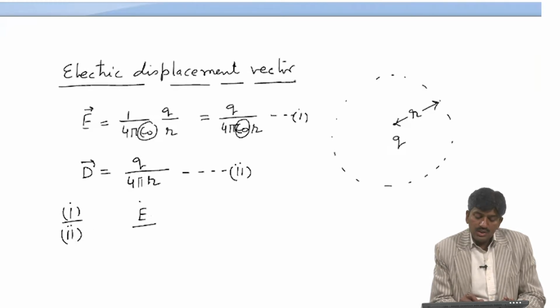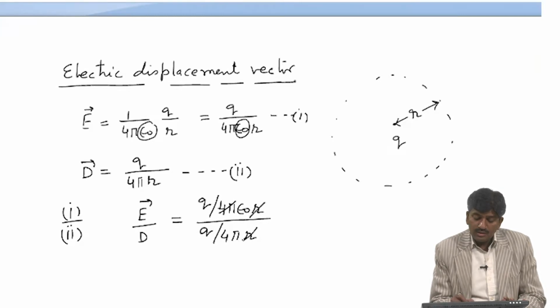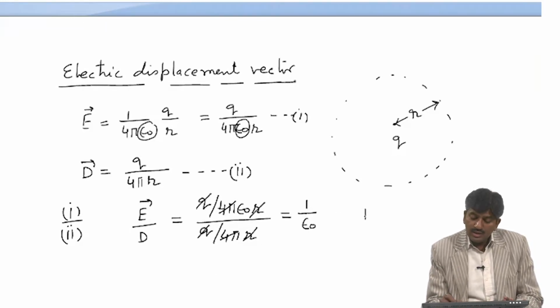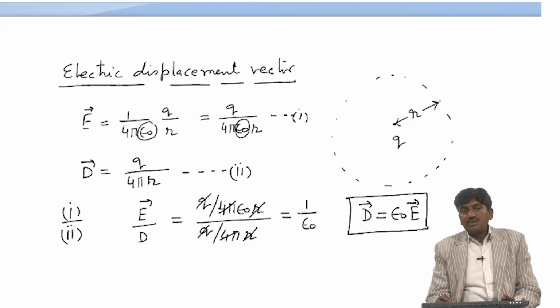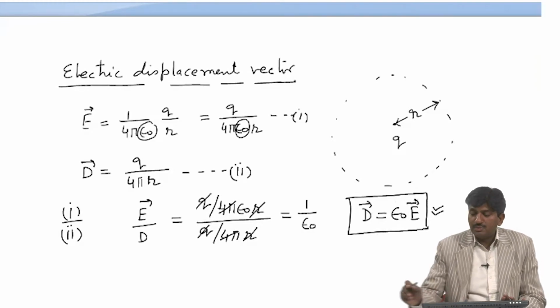It becomes E upon D equal to q upon 4 pi epsilon naught r upon q upon 4 pi r. 4 pi r cancels out, q cancels out, it becomes 1 upon epsilon naught, and D becomes equal to epsilon naught E. This is the relation between electric displacement vector and electric field, and we can modify Maxwell's first equation with the help of this electric displacement vector.